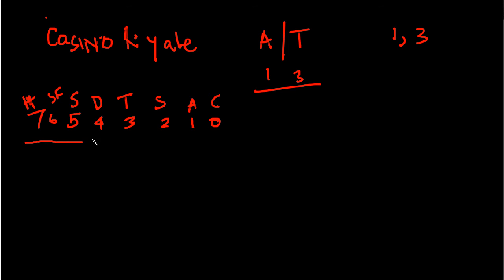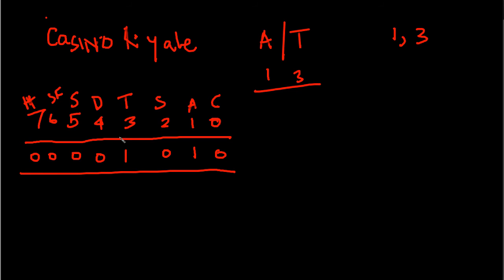So in this case, if I was able to just set these bits, so I wanted action set and I wanted thriller set, everything else is 0. Okay, so what I end up with is a number. This is 2 to the 3, this is 2 to the 2, 2 to the 1, and so on. And so 2 to the 3 is 8, 2 to the 1 is 2, so I would end up with a 10.